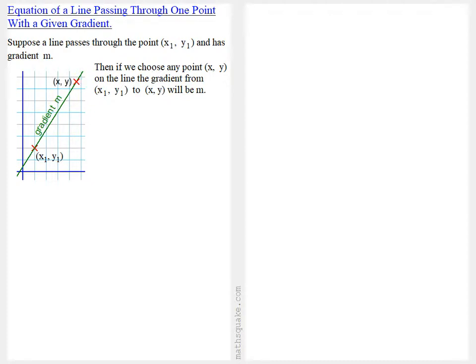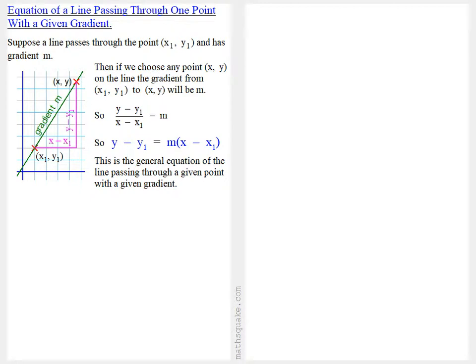If we draw a triangle underneath the line, we see the base is x minus x1 and the height is y minus y1. Now the gradient m is equal to the height over the base, so it's y minus y1 over x minus x1. So multiplying both sides by x minus x1, we get y minus y1 equals m into x minus x1. Now this is the general equation of the line passing through a given point with a given gradient. So let's look at an example.